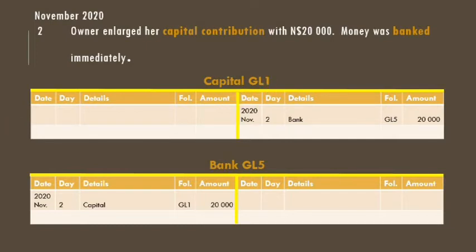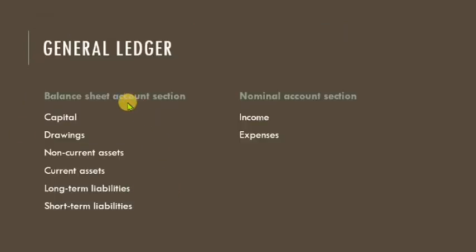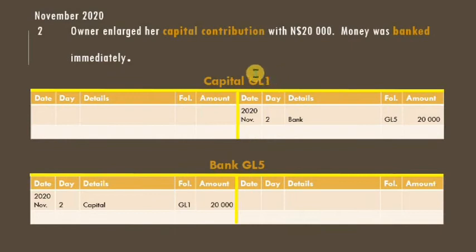Now, if you remember, we said that we have a certain sequence. Let's look at the sequence again. In your balance sheet account section, you will always have capital first, then drawings, then non-current assets, then long-term and short-term liabilities. Therefore, you will see that capital is GL, which stands for General Ledger, GL1.